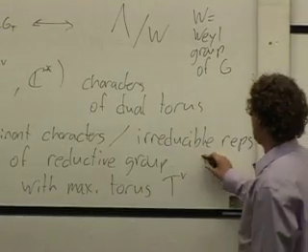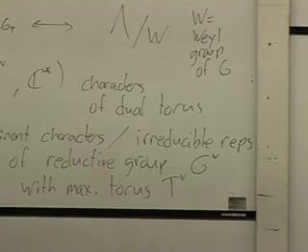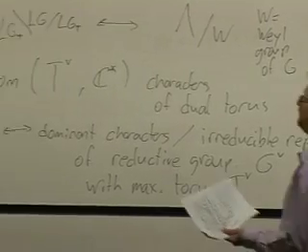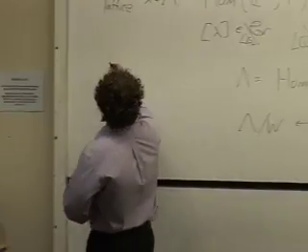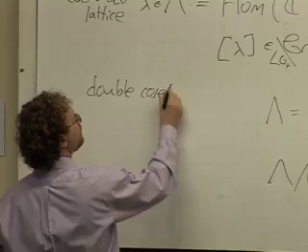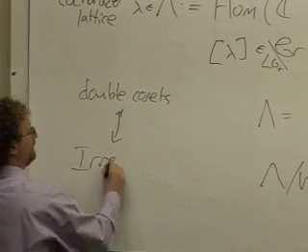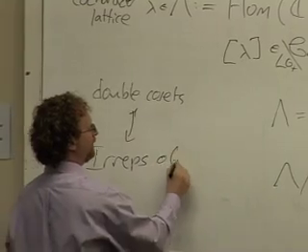So we're going to look for a group G check. So just to summarize, our double cosets are in bijection with irreducible representations of some group G check.